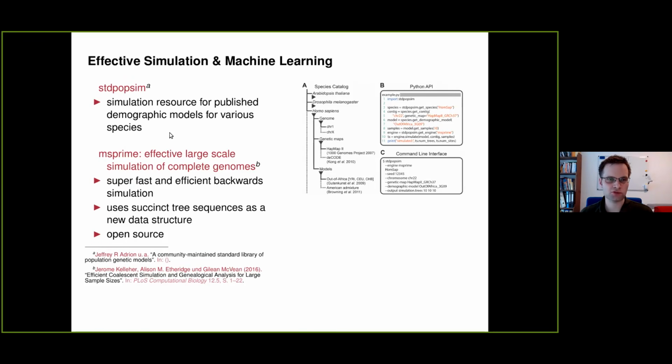So stdpopsim tries to create a standard benchmark resource for population genetics, which so far doesn't really exist. So everyone is simulating their own models and showing that their inference methods work better on their own models than the other ones do on the models of the other ones. And the second one is msprime, which is the super fast and efficient backward simulation based on these succinct tree sequences I've just shown a while ago.